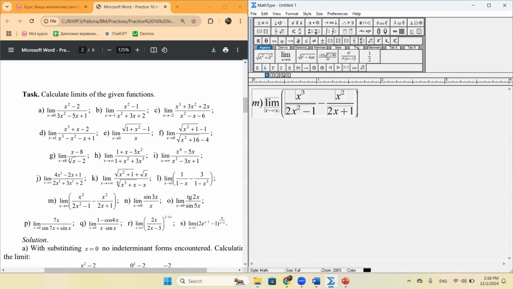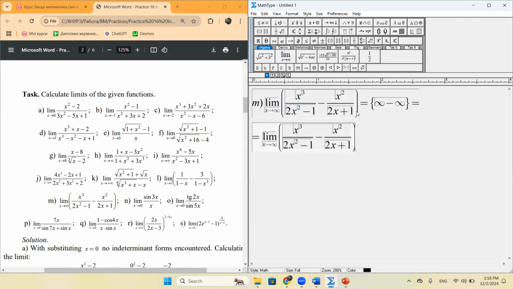So the same, we have the indeterminate form infinity minus infinity. And first of all, we need to find the common denominator. So let's do it.